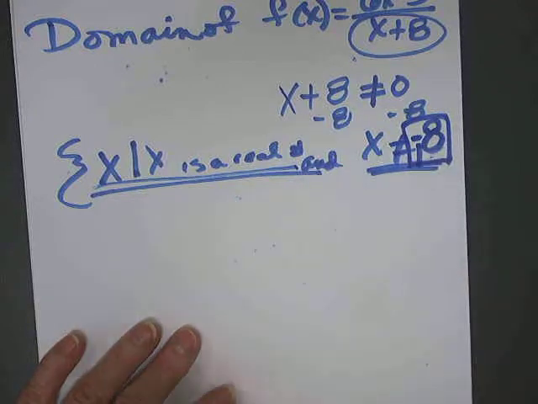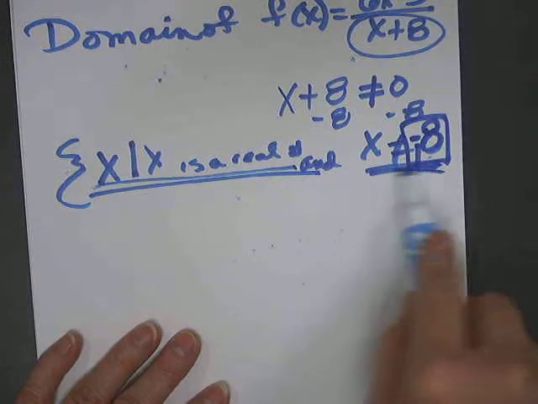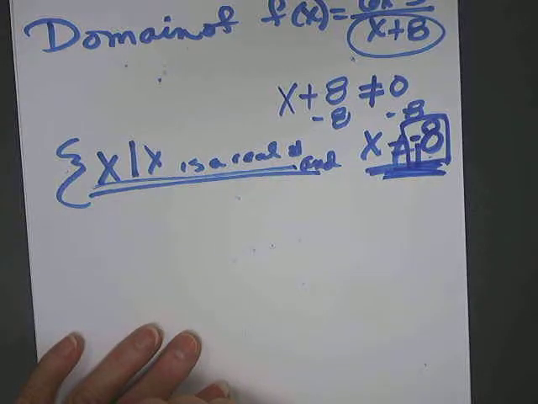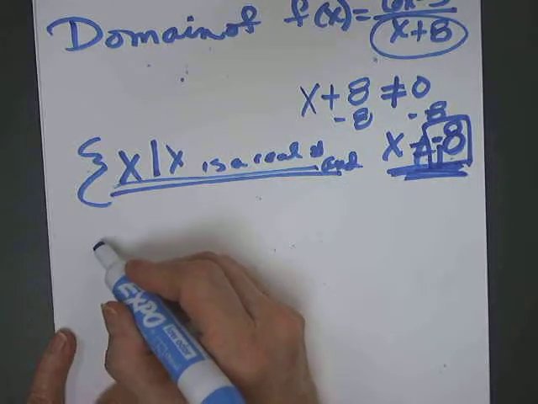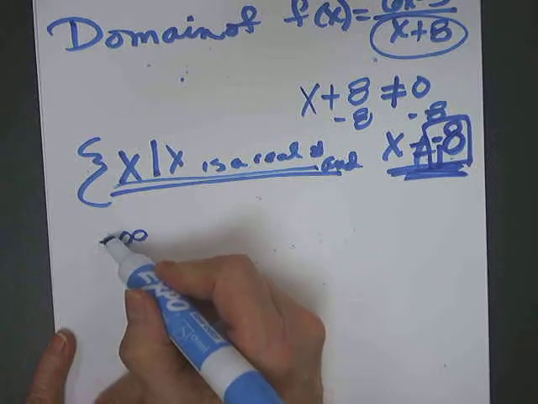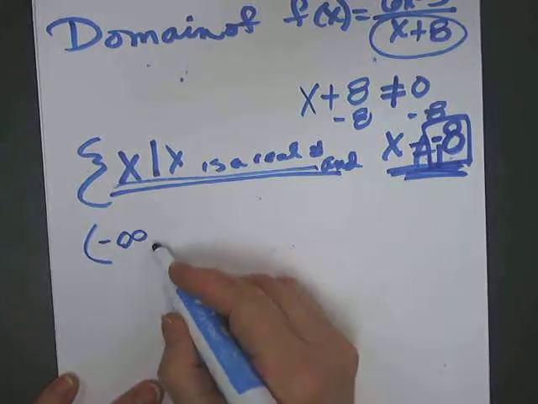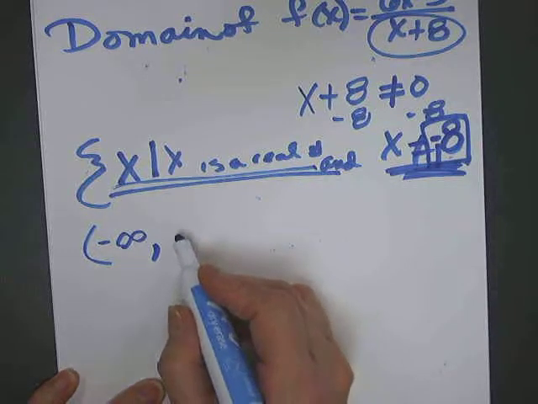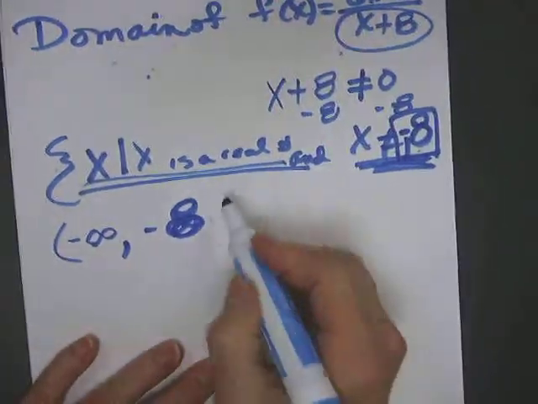Okay? It's going to want it in set builder notation, and it's going to want it in interval notation. Set builder notation means the set of numbers x such that x, and it already has this stuff written for you. You don't have to know what set notation is, because it writes this, x is a real number, and all you've got to do is put that part. Actually, not equal to negative 8.